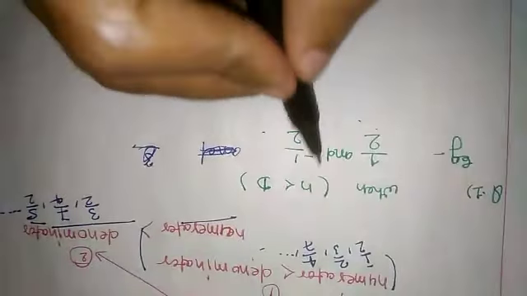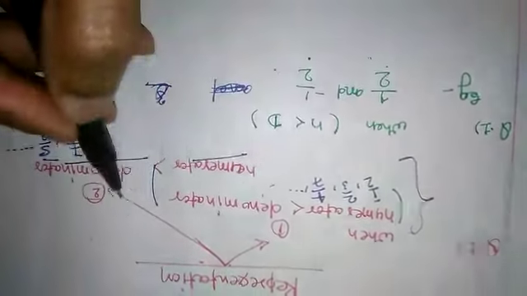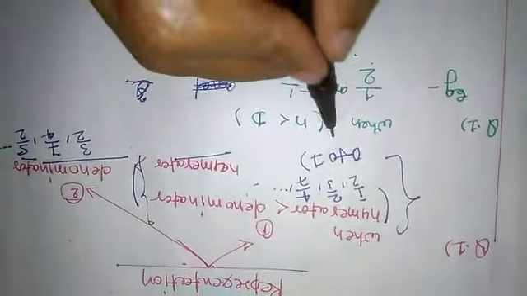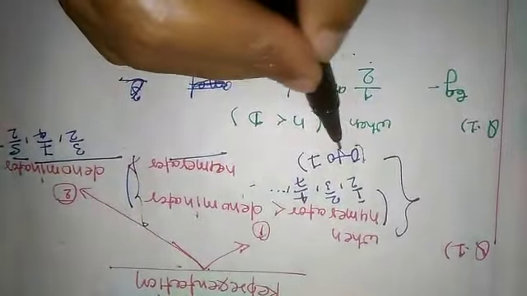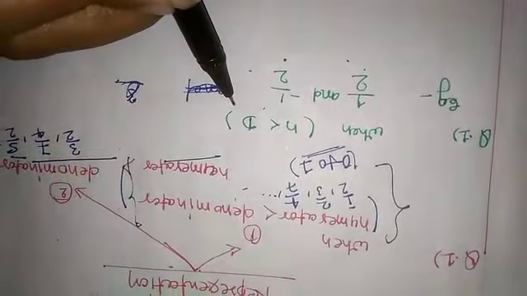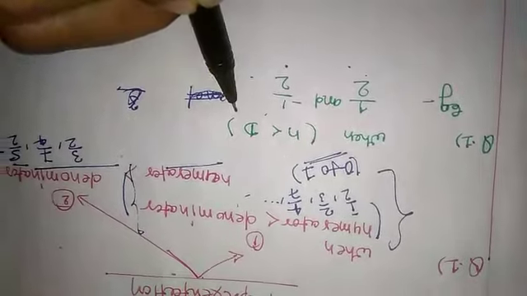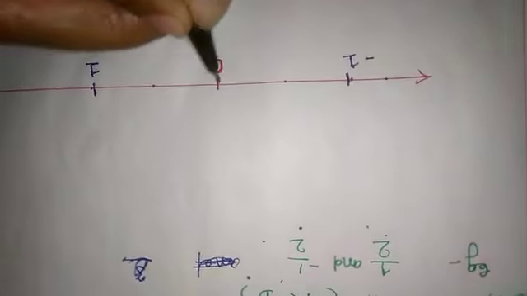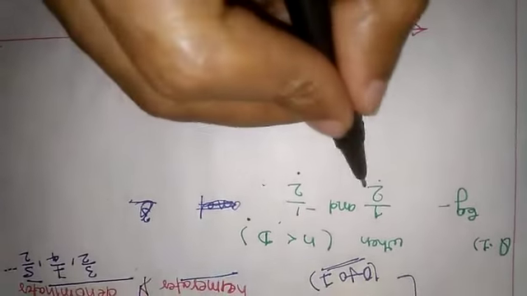Because this type of number belongs to 0 to 1. So for this type of rational number representation, we take only 0 to 1.